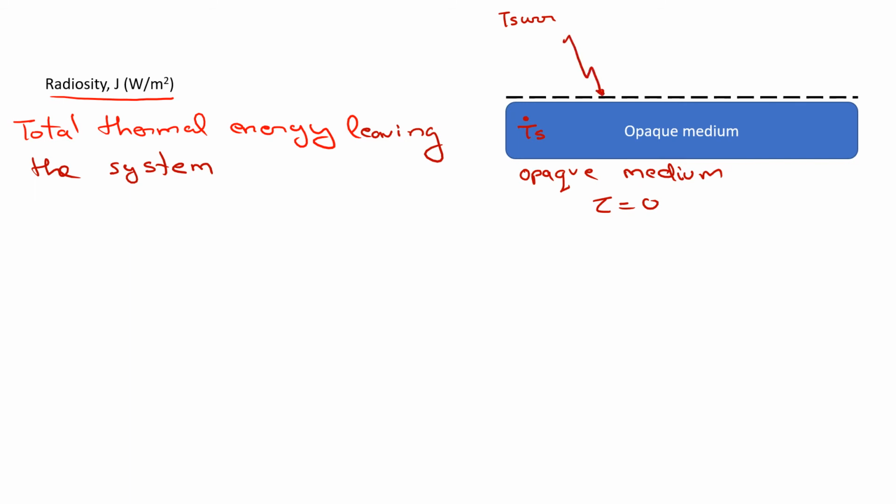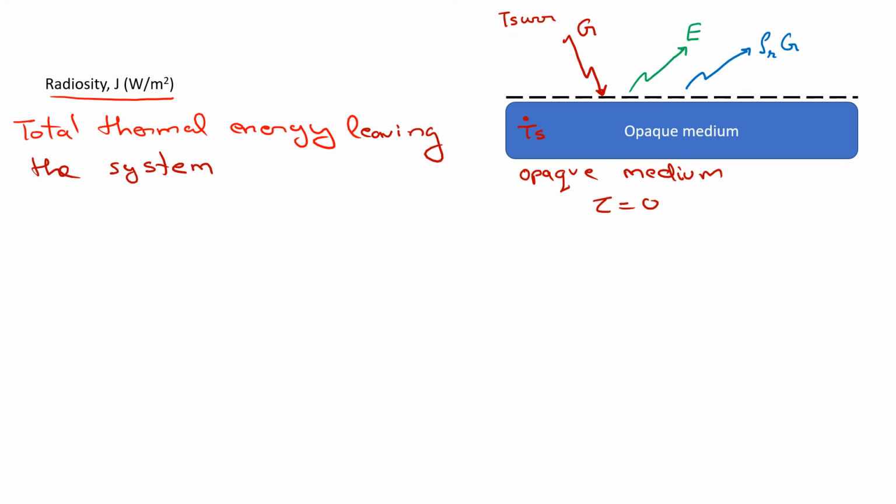So G is the irradiation onto the surface, and let's say there is some that is being reflected, and we can denote that by rho R times G. And because the surface has its own temperature, it will emit some radiation as well.